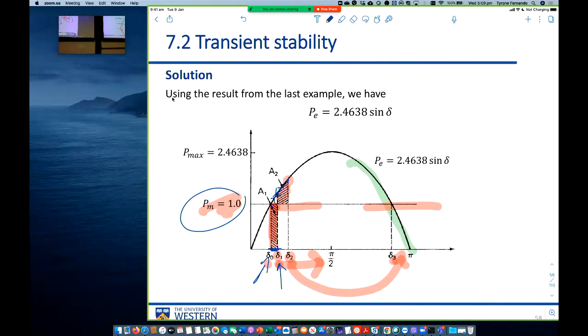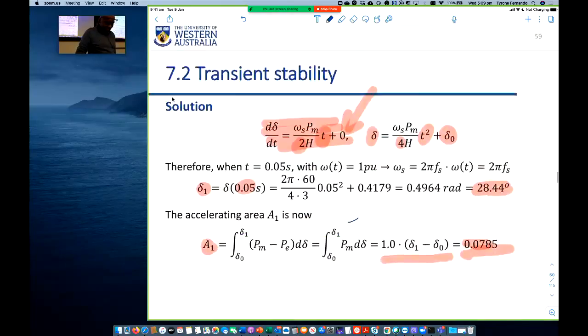Because here, after the fault, we restored the line. Sometimes you can restore it, sometimes you don't. You have to know, because what happens afterward depends on whether you restore it or not. Make sense? Good. Okay.